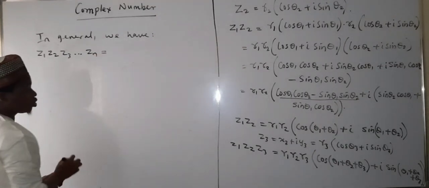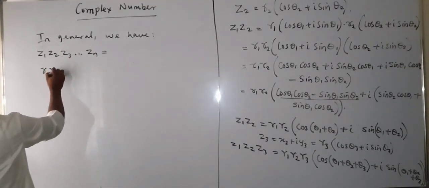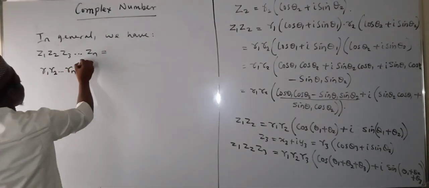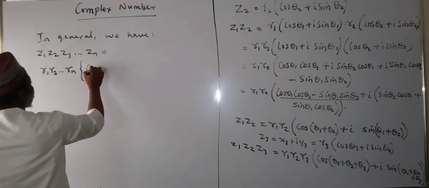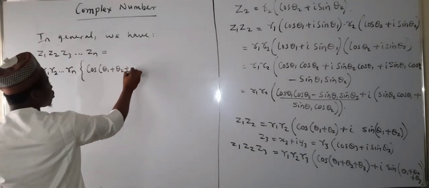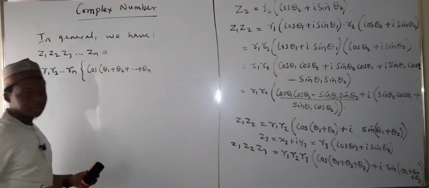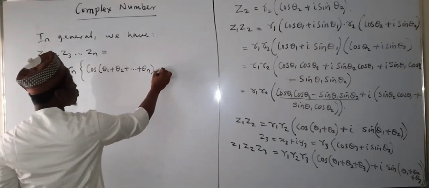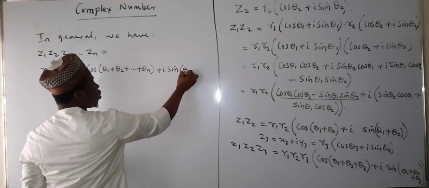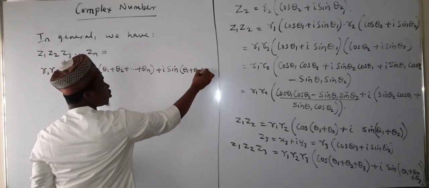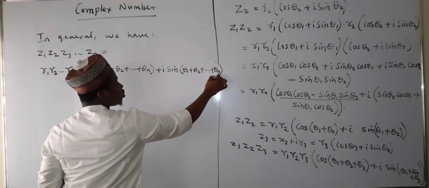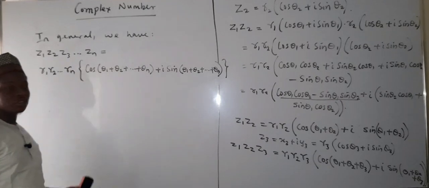Then it will be equal to r1, r2 up to rn times cos of theta 1 plus theta 2 plus dot dot plus theta n, plus i sine of theta 1 plus theta 2 plus dot dot plus theta n. Then close. So this is the general form.